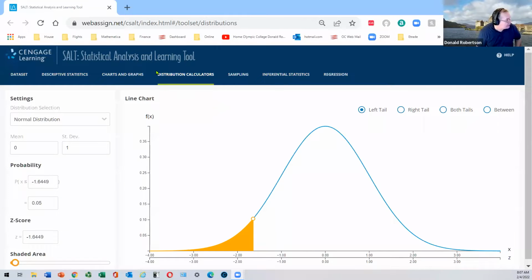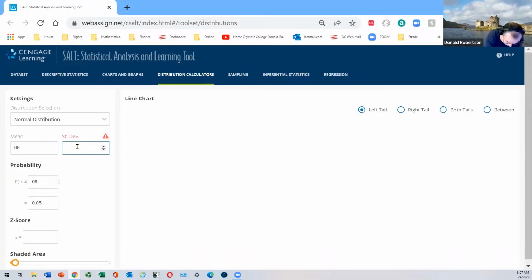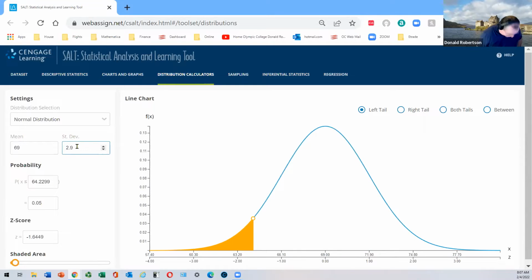So I pick distribution calculation, make sure it says normal. I'll put in the average height for an American male, 69 inches. The standard deviation is 2.9. And I want to know what percentage are greater than.